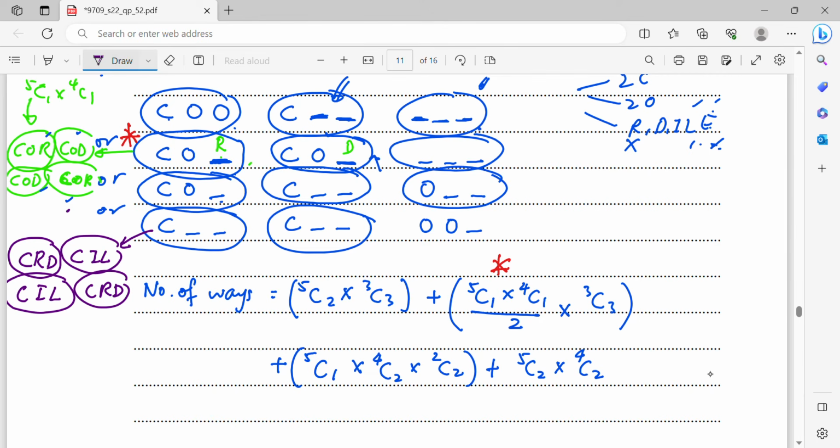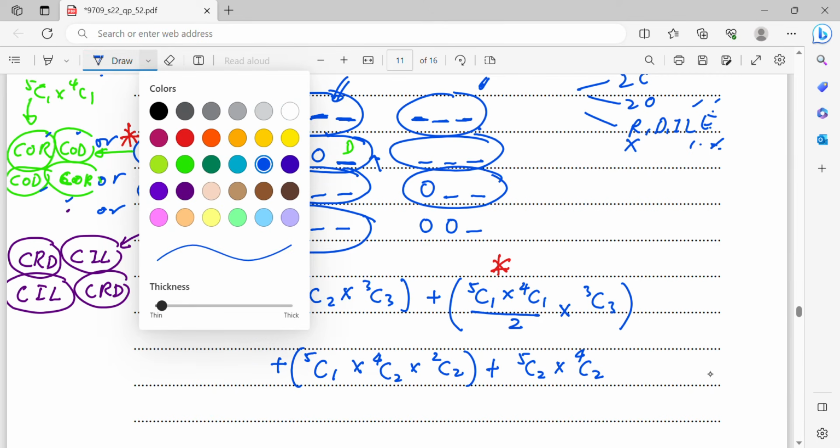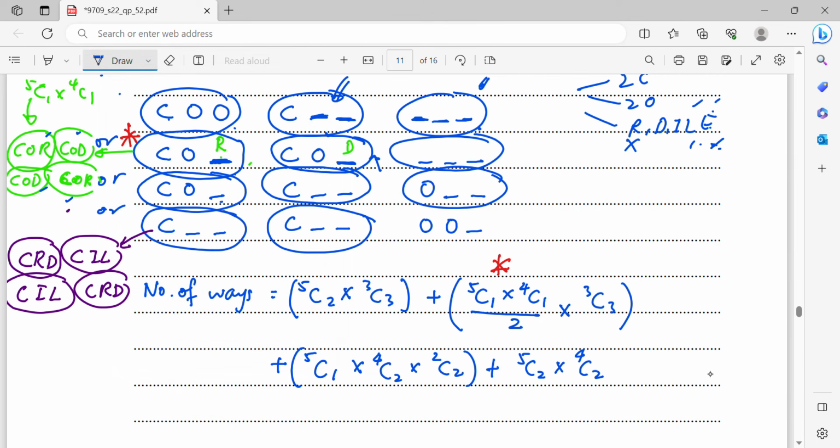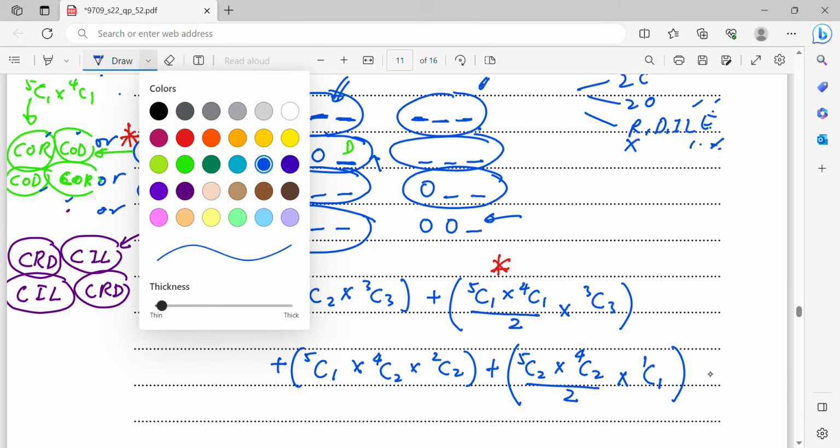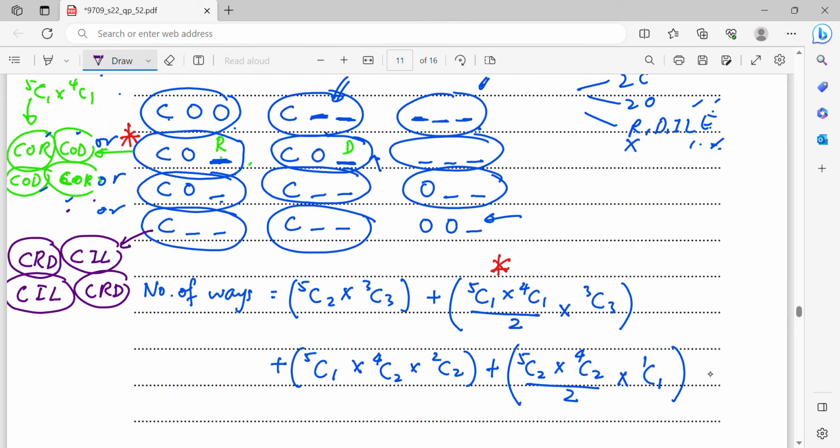Because our concern is the selection, it's not the arrangements. So now from here you need to divide by 2 because it is double count, right? And same for the last one, I need 1 more left, so it means that 1C1. Okay, so these are the special cases for the selection.